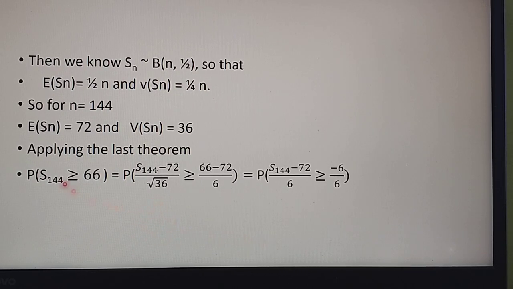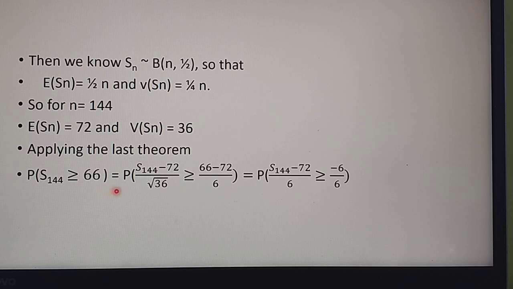So counting E means you sum it, the sum of X1 plus X2 up to Xn. So this number will be the number of E's out of 144 throws, greater than or equal to 66.